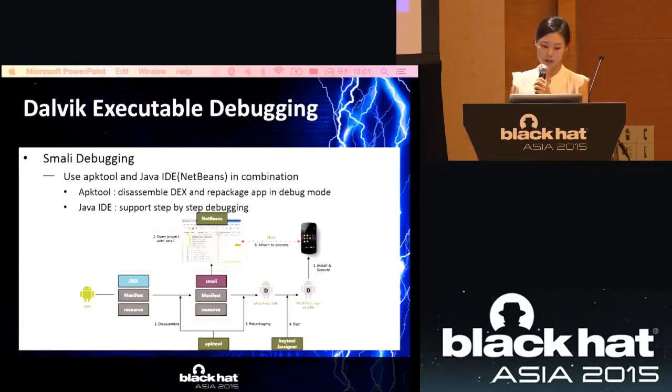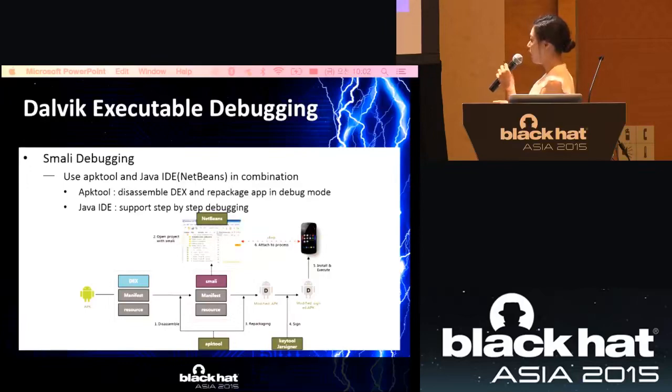The analyst with this APK file disassembles the application first by using APK tool and gets hold of the Smali code. This Smali code can now be used in a NetBeans project, replacing the Java source code in a project. To do the debugging, the APK file should be in a debug mode. So by using APK tool, the analyst should disassemble and also build the application in a debug mode.